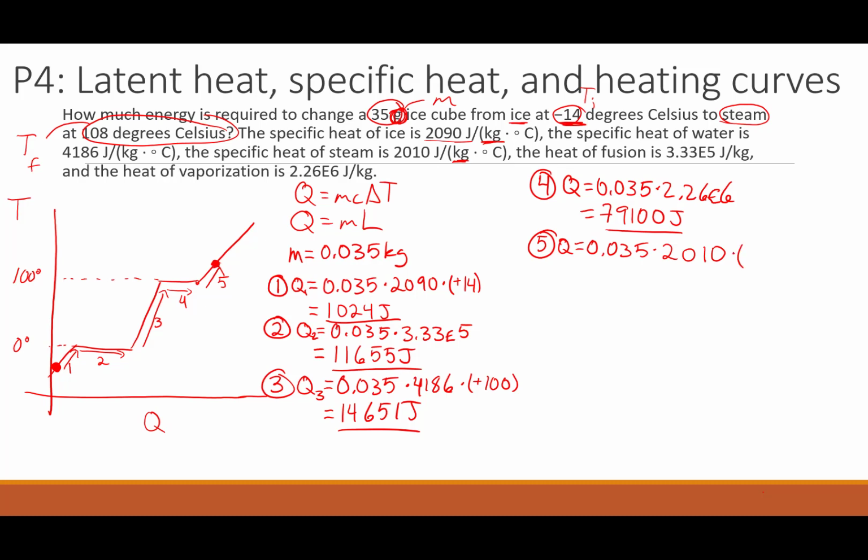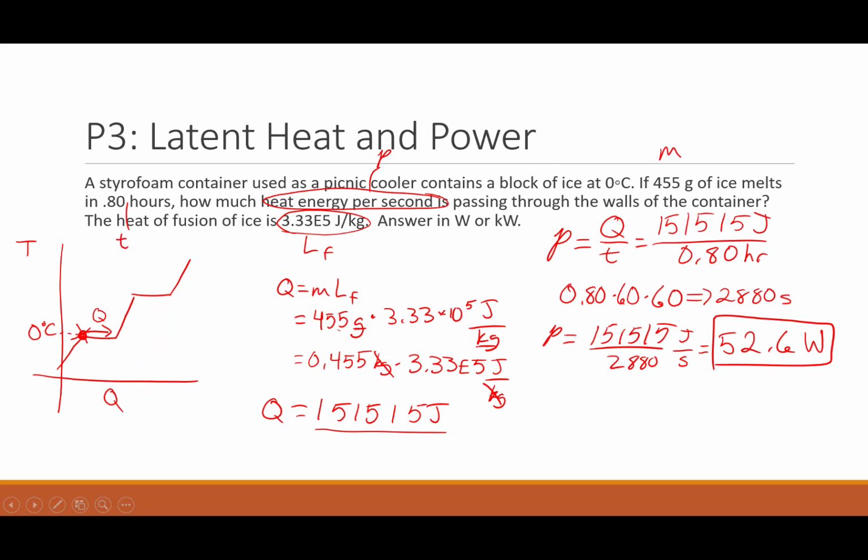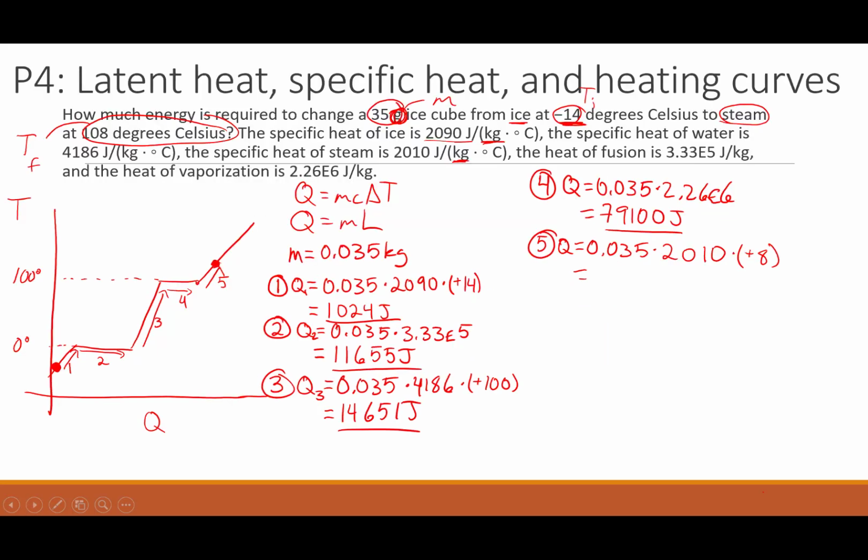And the change in temperature of the steam, it goes from 100 to 108, so that's positive 8 degrees Celsius. 0.035 times 2010 times 8 equals 562.8 joules.